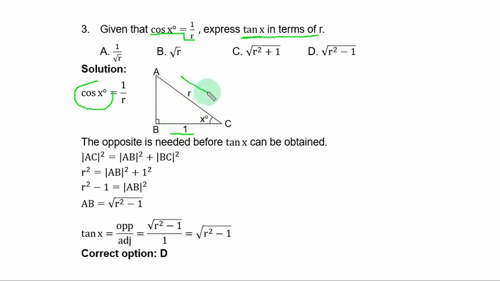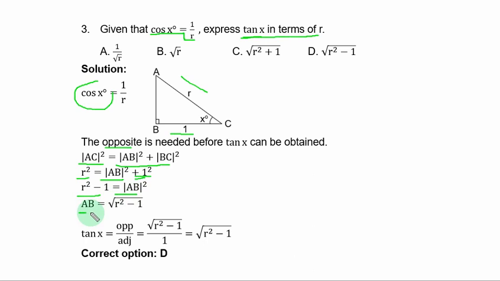Since the triangle is a right angle triangle, you use Pythagoras rule to get the opposite side. Now, the rule states that the square on the longest side is equal to the sum of squares on the other two sides. Hypotenuse is r, so you have r squared equal to AB squared, that is the opposite, plus 1 squared adjacent. If you transfer this to the left, you have this expression equal to this.